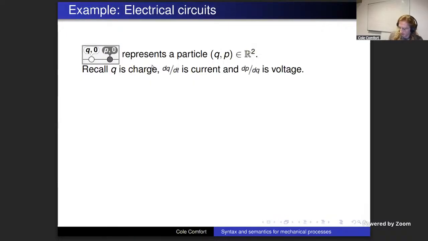So to give an example, if you think of a position in the phase space as a particle, a pair of position and momentum, you can represent this as an endomorphism on a wire. So if Q is your position and P is your momentum, you can think of this as a particle. For electrical circuits, Q is the charge, the change of charge over time is the current, and the change of momentum over time is the voltage.